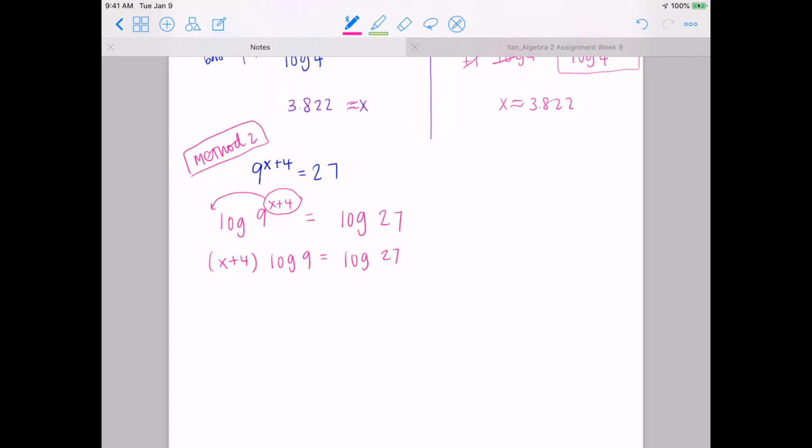Okay, I like to put parentheses around the x plus 4, just knowing that that's separate from my log 9. Divide both sides by log 9, cancel those out, and then I have x plus 4 equals log 27 over log 9. And then last step, we're going to subtract 4 on both sides, and we're going to put this in the calculator.